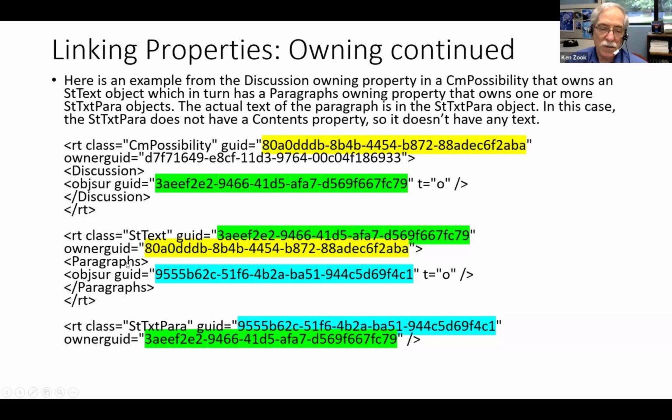And then the StText has a paragraphs element going to this GUID, and that represents this StTxtPara object. And again, it has an owner GUID that refers back to this. So you can always trace up and down ownership hierarchies to find all the objects that are part of the top element.